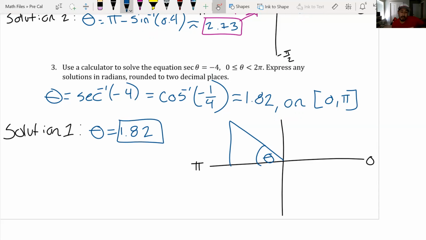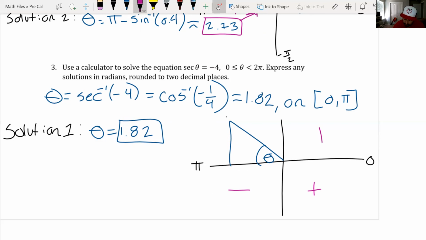Okay, so there's solution 1. But now we need a second solution, and we need that solution to be negative. So where else is cosine negative? Cosine is also negative in quadrant 3, because cosine's positive in 4 and cosine's positive in 1. So our question is, how do we get the angle to be in quadrant 3?